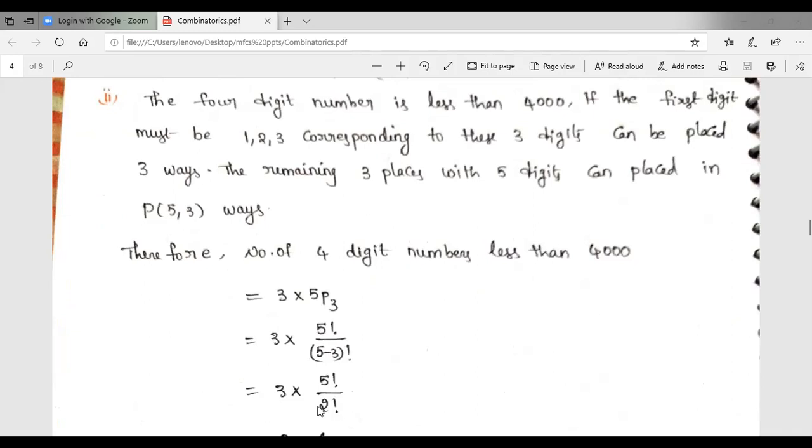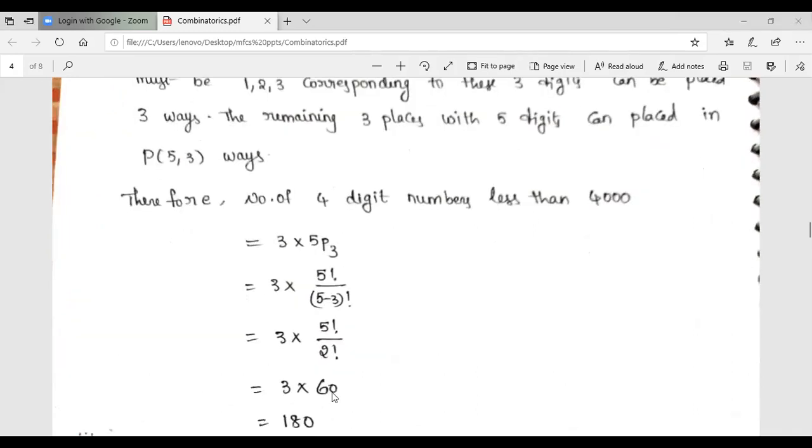So 2 factorial cancels. 5 fours are 20, 20 threes are 60. So 3 into 60 is equal to 180. The possible numbers are 180, and those 180 numbers are less than 4,000.